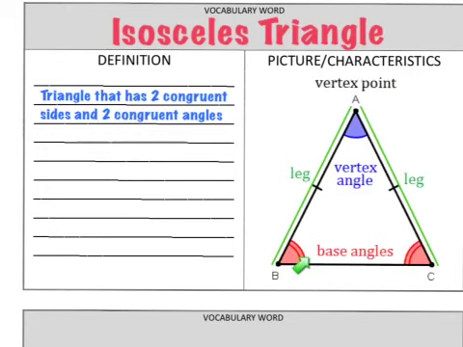The base angles are congruent and they go along with the sides, so they're opposite the sides that are congruent. Okay, so 2 congruent sides, 2 congruent angles, and then you have your vertex angle that's not the same as the base angles.